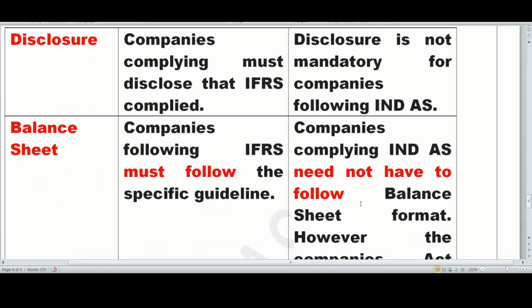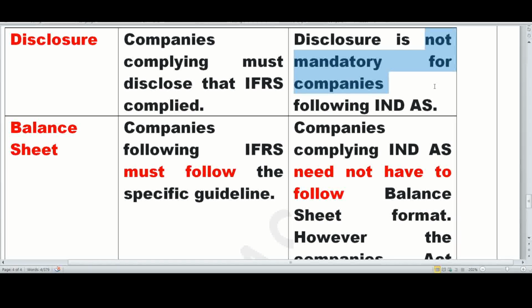Then the disclosure principle. Companies complying must disclose that IFRS is complied. If a company follows IFRS, it must state that it is IFRS compliant. But companies following Ind AS are not required to disclose the same.